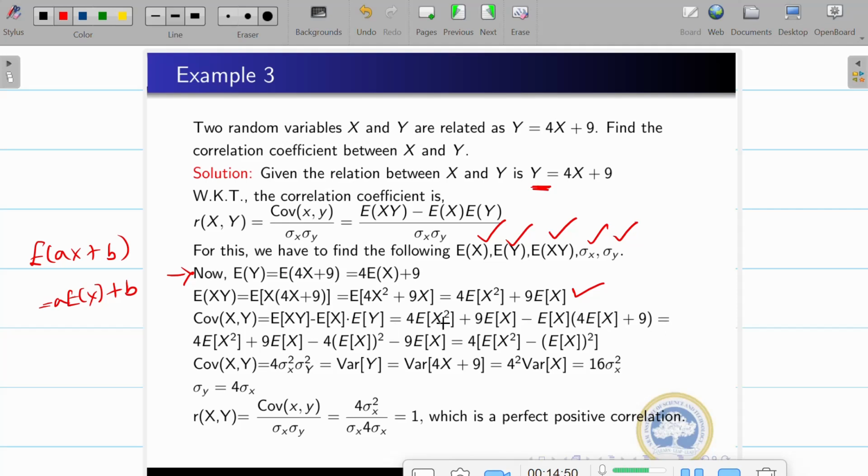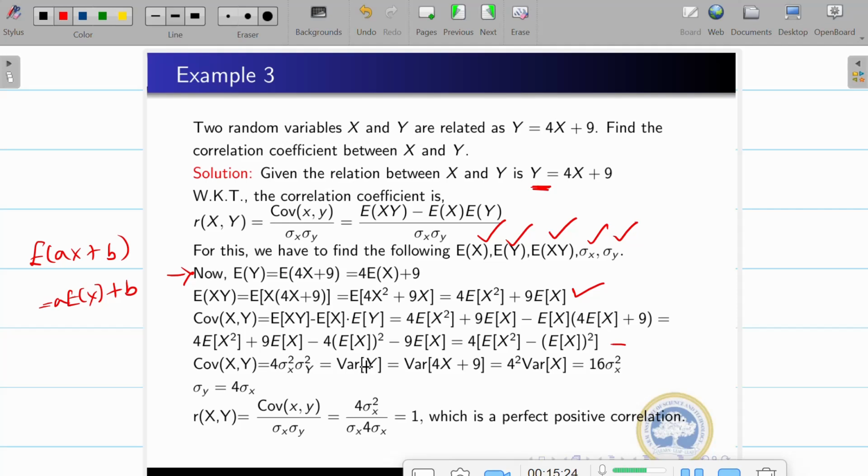So it is 4 times expectation of x square plus 9 times expectation of x, minus 4 times expectation of x the whole square, minus 9 times expectation of x. On simplification, we finally get 4 times expectation of x square minus expectation of x the whole square, which is 4 sigma x square.